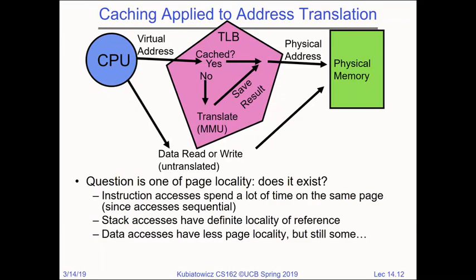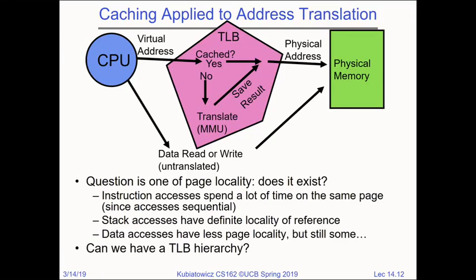Down, down, down, down, up, up, down. You guys get the idea. Data accesses that have some page locality is good, but you can also blow out the TLB just by, for instance, doing an array walk that goes 4K at a time. You're guaranteed to touch a different page with every access, and you're going to blow out your TLB because everything's going to be a TLB fault, and a page fault.